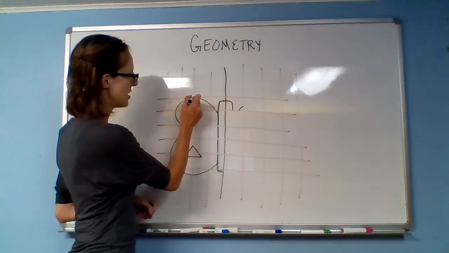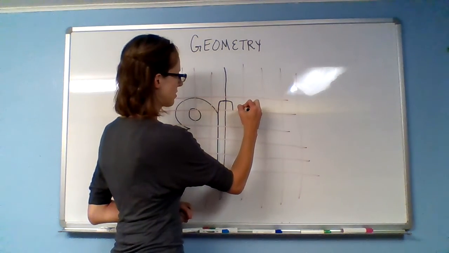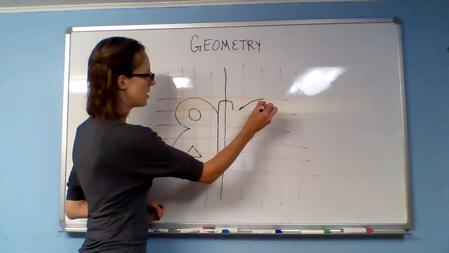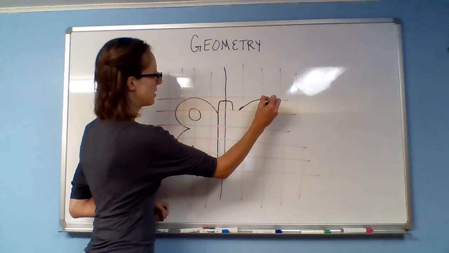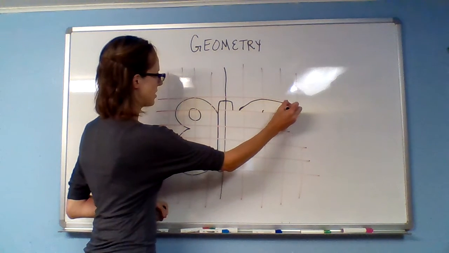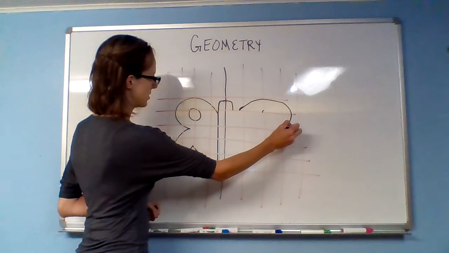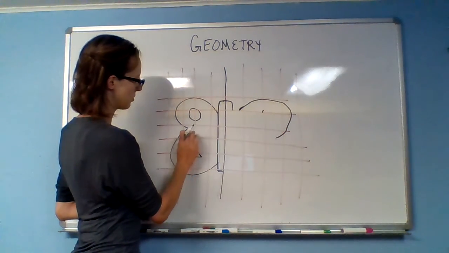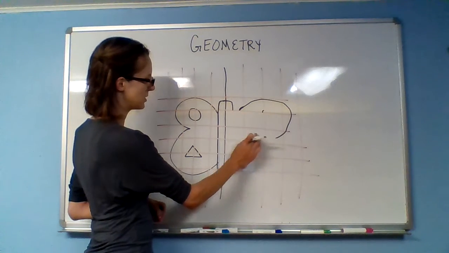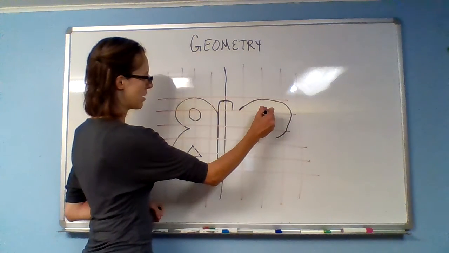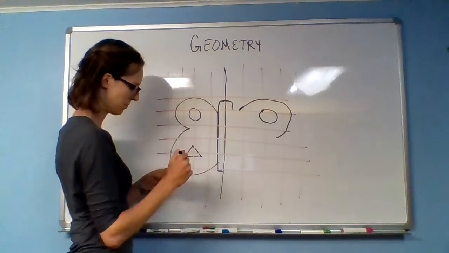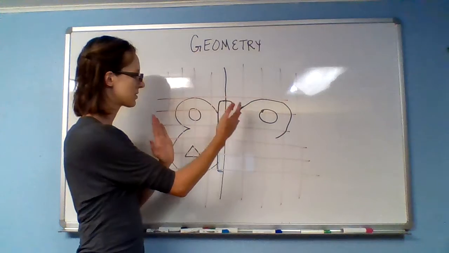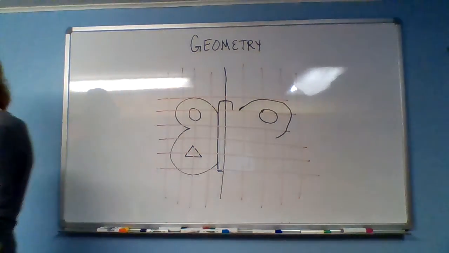If this is the shape in that square, when I flip it across that line, it looks like that. I can go just one square at a time, thinking about if I flip it across that line, what is it going to look like? Checking, I'm 1, 2, 3 boxes from the line of symmetry, so I should be 1, 2, 3 boxes going in the opposite direction. By going square by square, you should be able to think about what it looks like when you go across the line of symmetry.